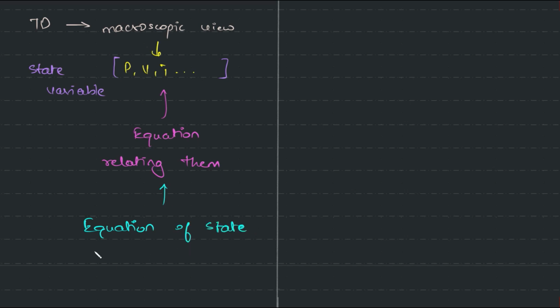See, there are many equations of state, but we are dealing only with one over here. And which one are we dealing with? We are dealing with ideal gas. We are taking up ideal gas and looking at the relationship.